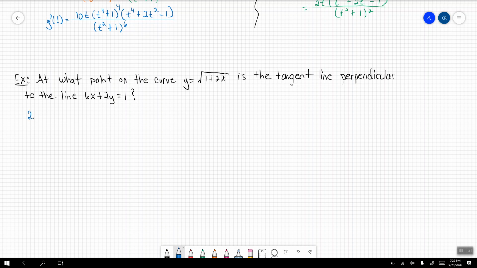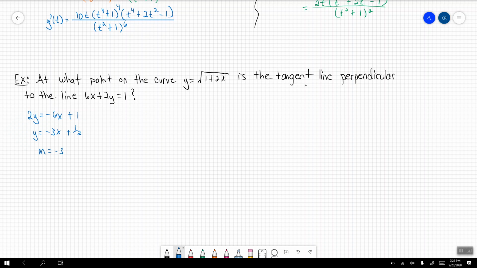In order to figure that out, I'm going to start solving for y, and we're left with y is equal to negative 3x plus 1/2, which means the slope for the line that was given to us is negative 3.